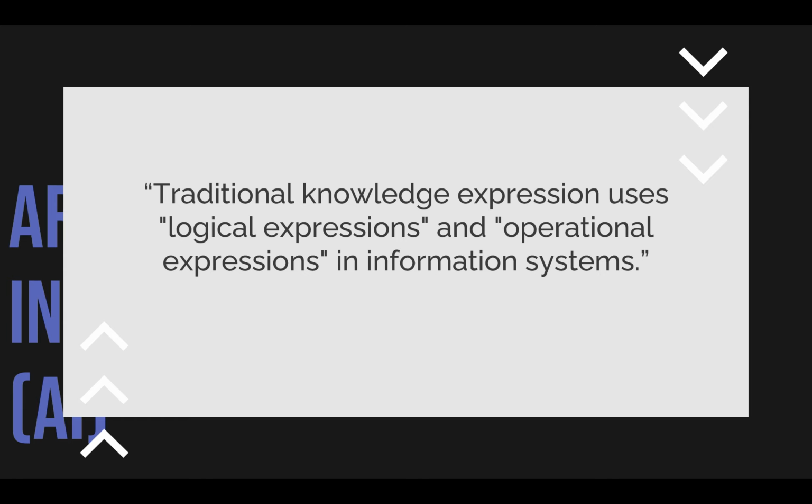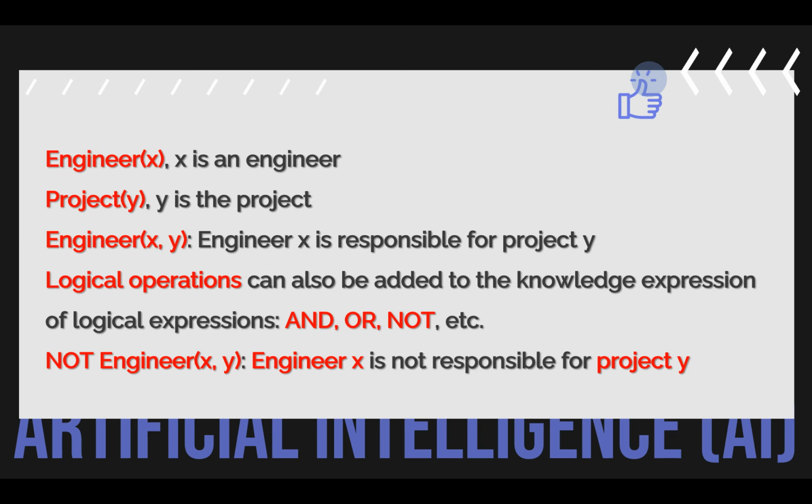So the traditional knowledge expression uses logical expressions and operational expressions in information systems. There's a formula right here. For example, the engineer of X is a function represented as X is engineer, and project of Y, and Y is the project.